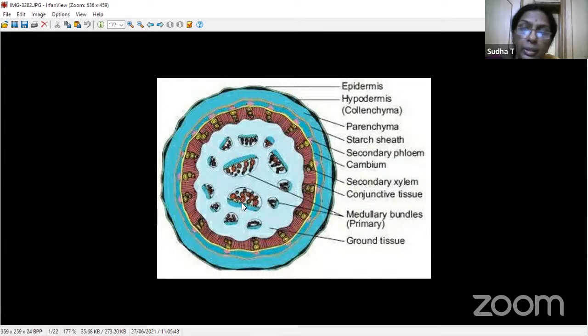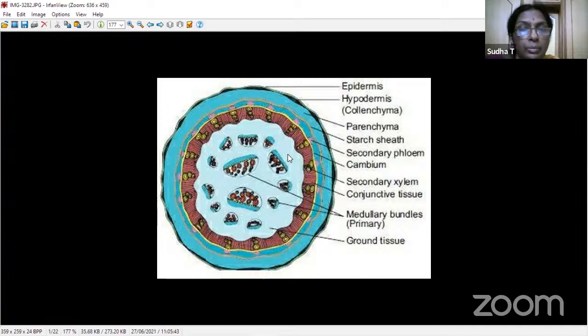So here the cambium present in each vascular bundle is functional for a short period. It is not going to make a ring. Just a brief amount of secondary growth takes place in these vascular bundles, and there is another cortical vascular bundle that is going to form and add the secondary tissues.